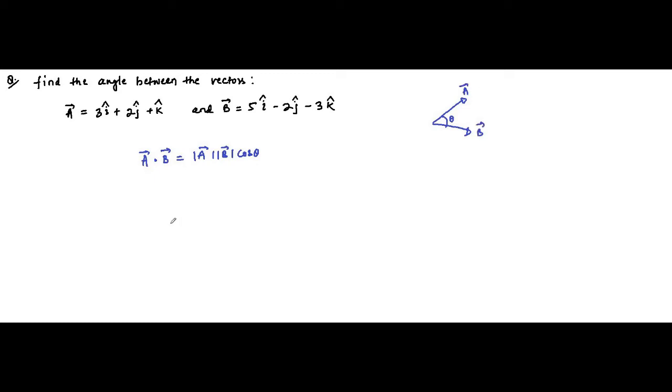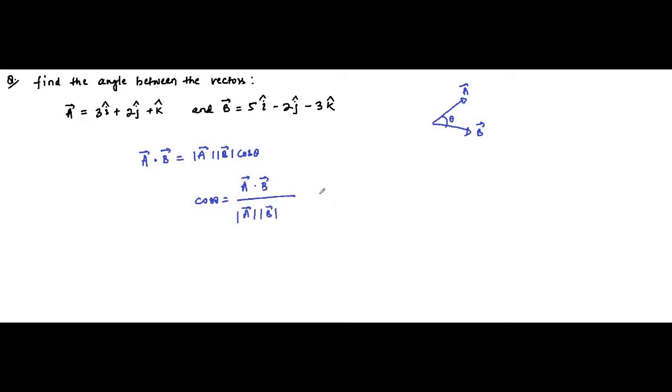So here cos theta can be expressed as A vector dot B vector by A vector modulus B vector modulus.